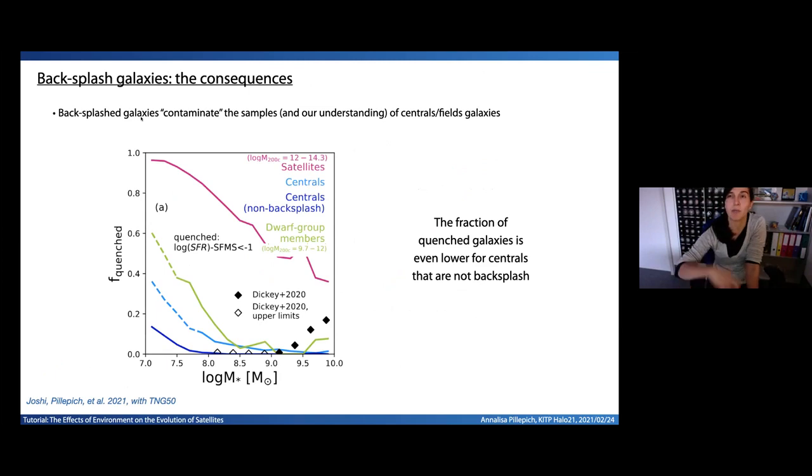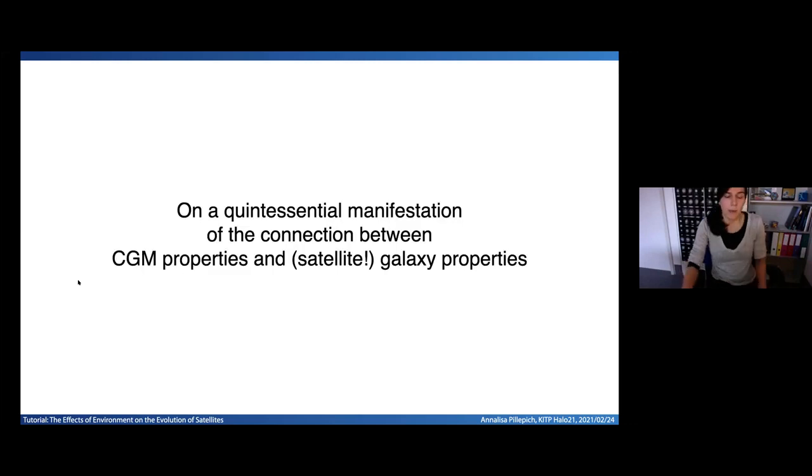And so if we were able to remove from observed galaxies the ones that have been affected by some prior satellite membership, so removing the backsplash, we would even get lower quench fractions, but it depends. All right. So this was all about, when thinking about the environment, how very complex it is.